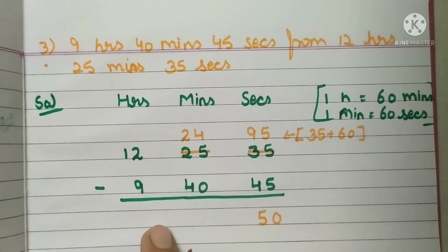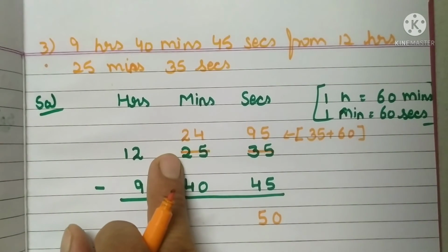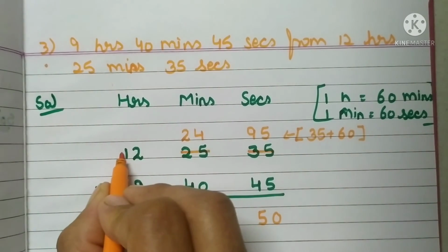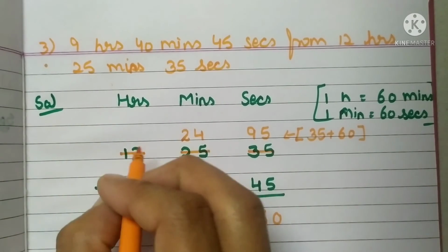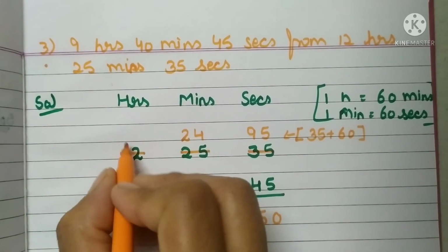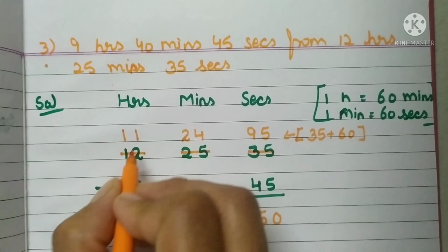Now come to minutes. Is it possible to subtract 40 from 24 minutes? No. So what do we have to do? We have to borrow 1 hour from the hours. So what will be left here? How much will remain out of 12? 11 hours.